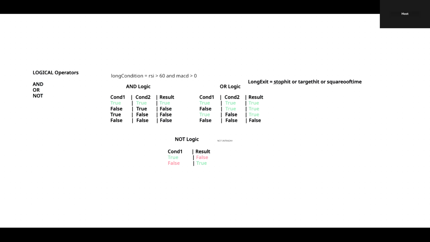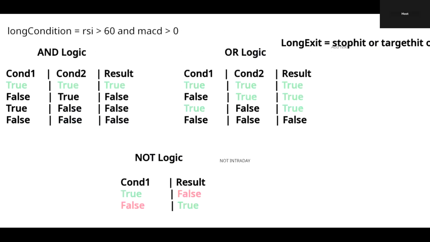And when conditions are many, you can also use a mix of and or condition as well. For example, I can write a condition like this. Just go back and then I'm going to write a condition over here. I'll say my long exit is, I want to exit my longs if there is my reverse signal, my bearish condition is getting triggered.